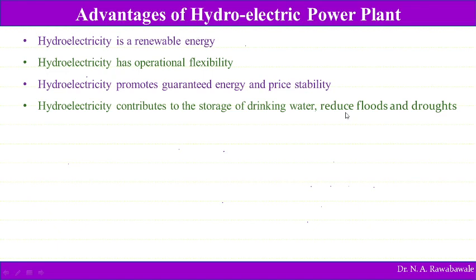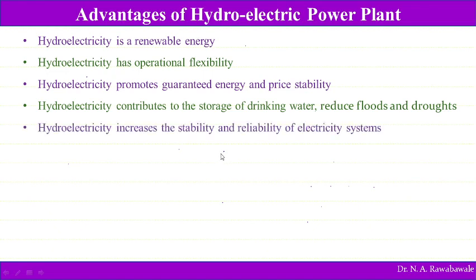As the reservoir has large capacity, sudden floods are reduced and the water is stored. If we have a reservoir or sufficient quantity of water storage, then droughts have a lesser effect over the region. Then hydroelectricity increases stability and reliability of electricity systems.